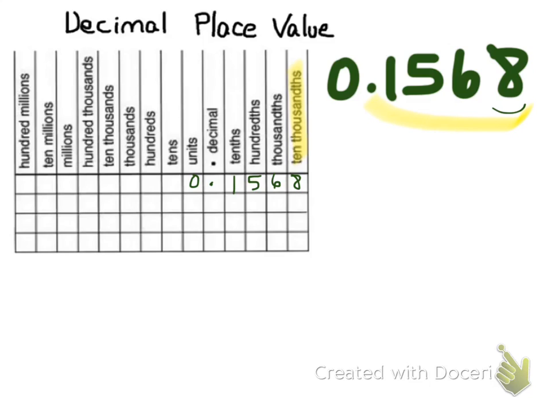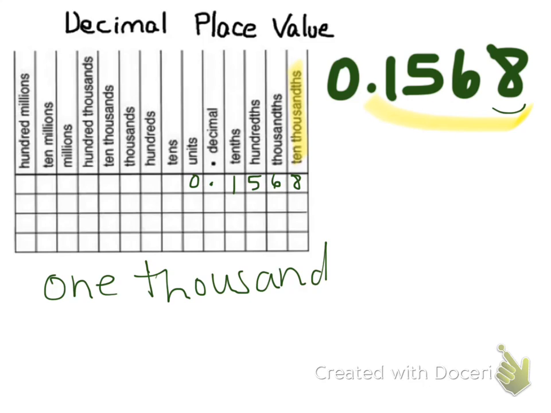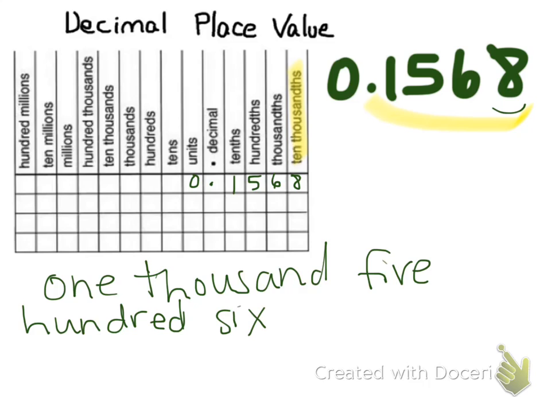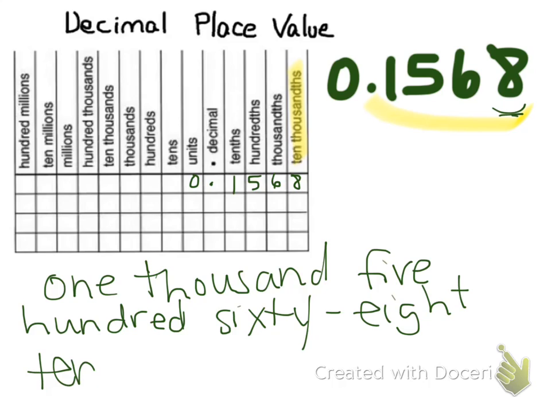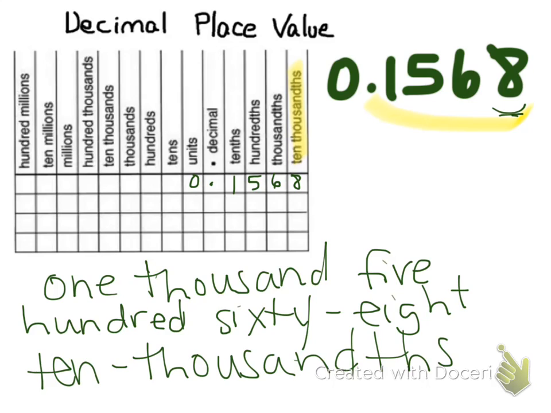That whole number is 1,500. Holy cow, this is a really long one. 568. And then for the last thing, what place value is this? 10 thousandths. That's the correct way you would write that word and say it.